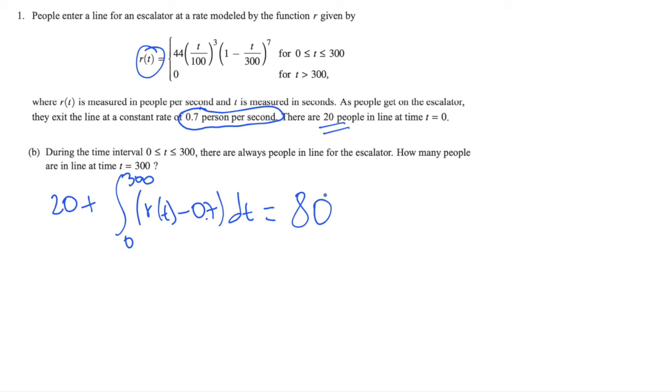According to this model, 80 is the number of people that are in line at time t equals 300. 80 people. This is the number of people that are in line at time t equals 300.